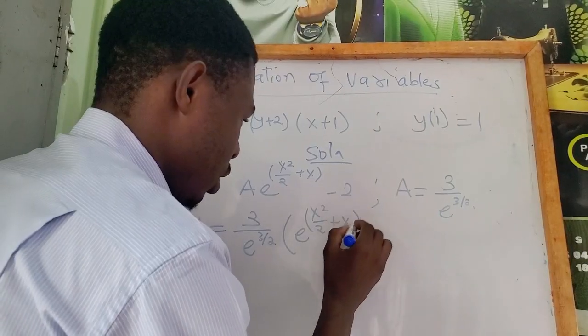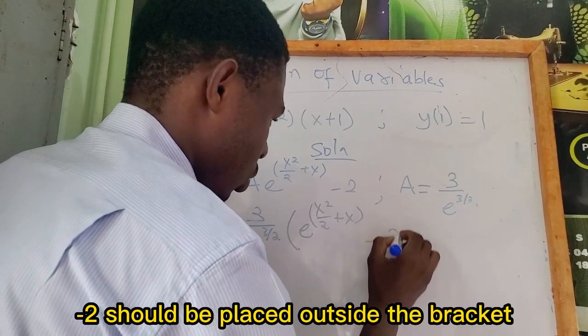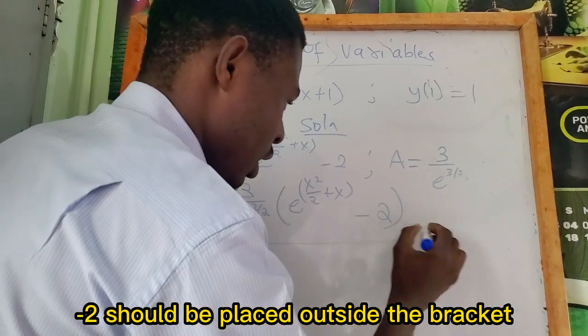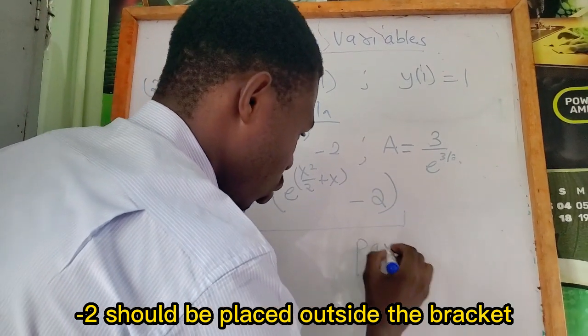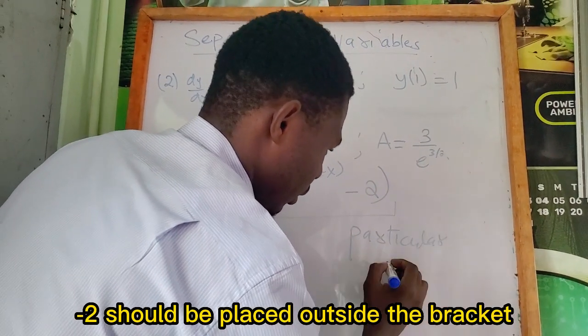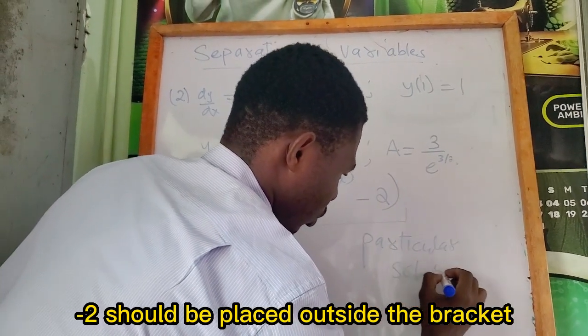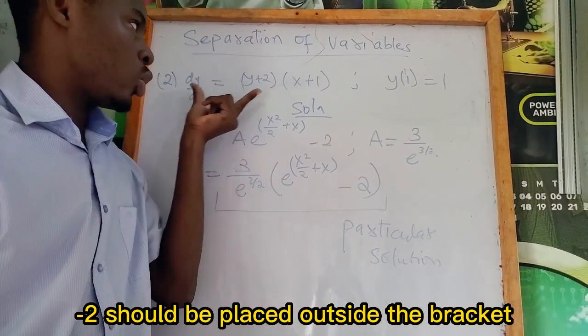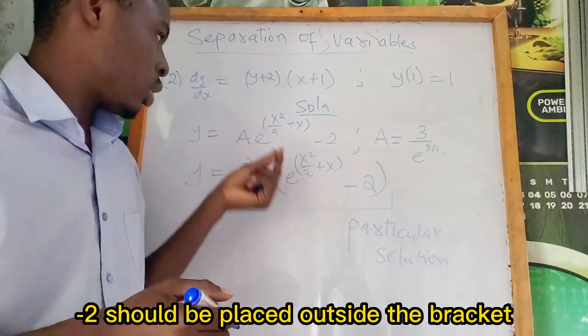Now everything here put in bracket minus 2. This right here is the particular solution. This is a particular solution to this differential equation.